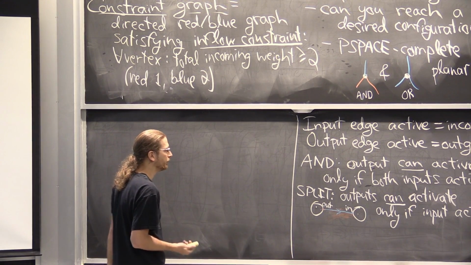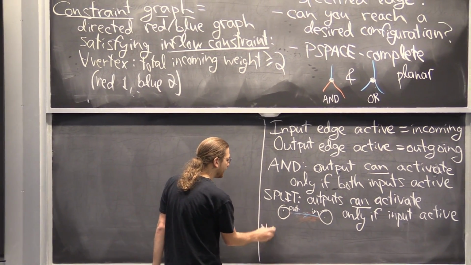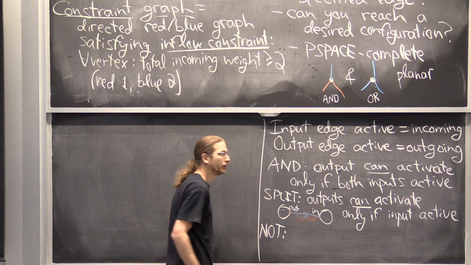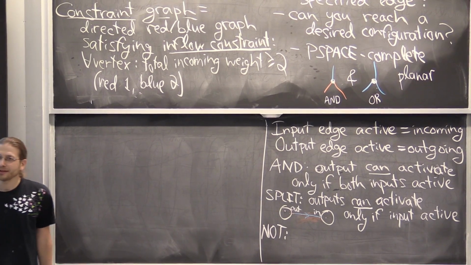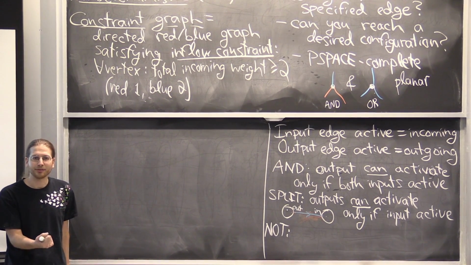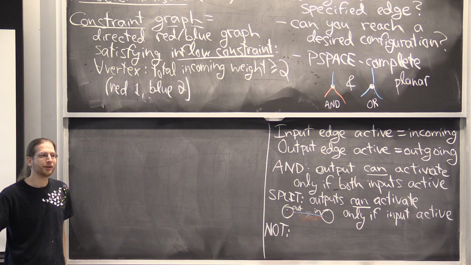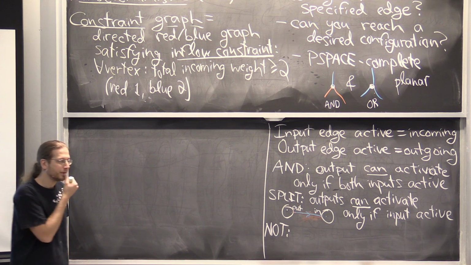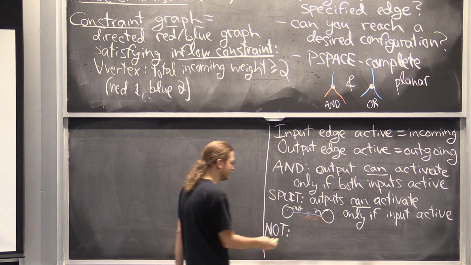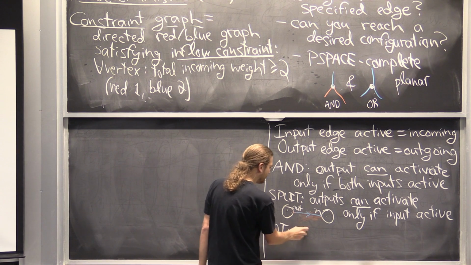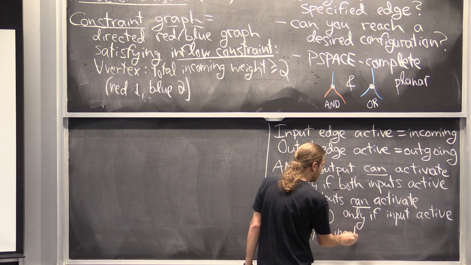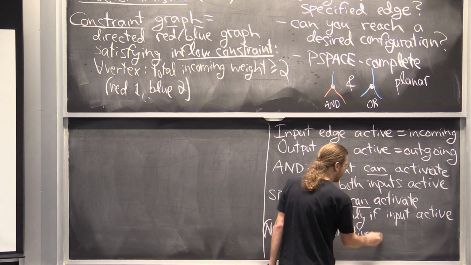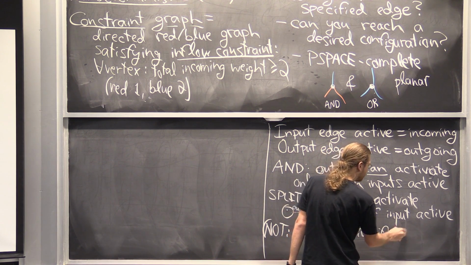Not is impossible, because a not would be something like this edge cannot activate if this other edge is active. This output cannot activate if this input is active. That would be the idea. Maybe the output is inactive if the input is active.